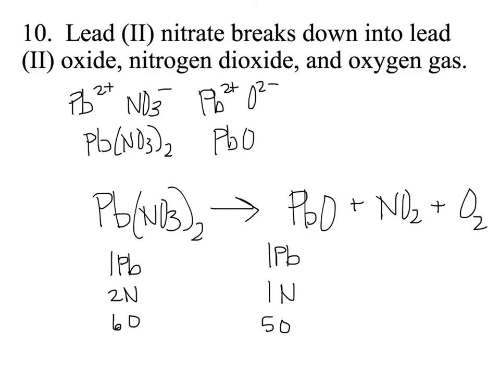All right, let's fix this. Nitrogen, I need to put a 2 in front of here, which is going to make this 2. Let's see, oxygen now becomes 1, and then 2 times 2 is 4, so that's 5, 6, 7 for those final 2. All right, and let's see here.